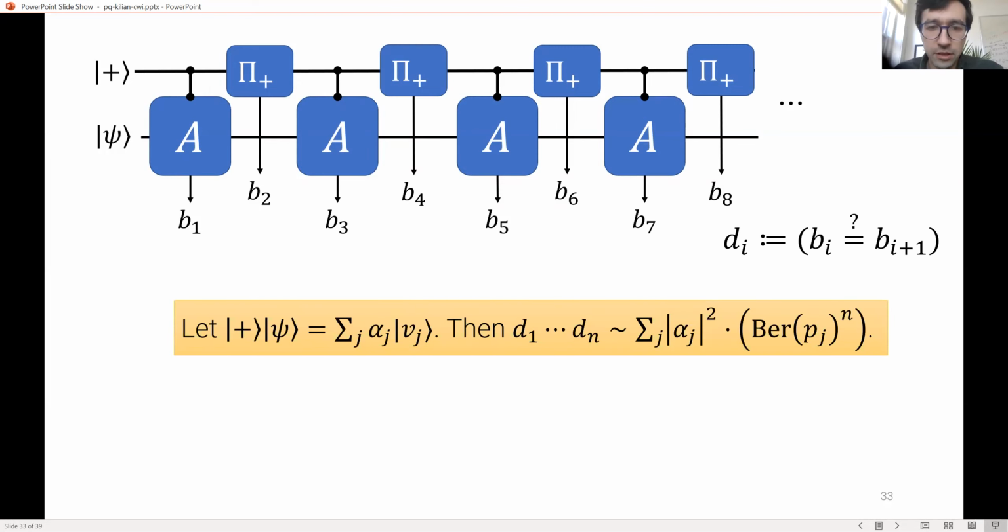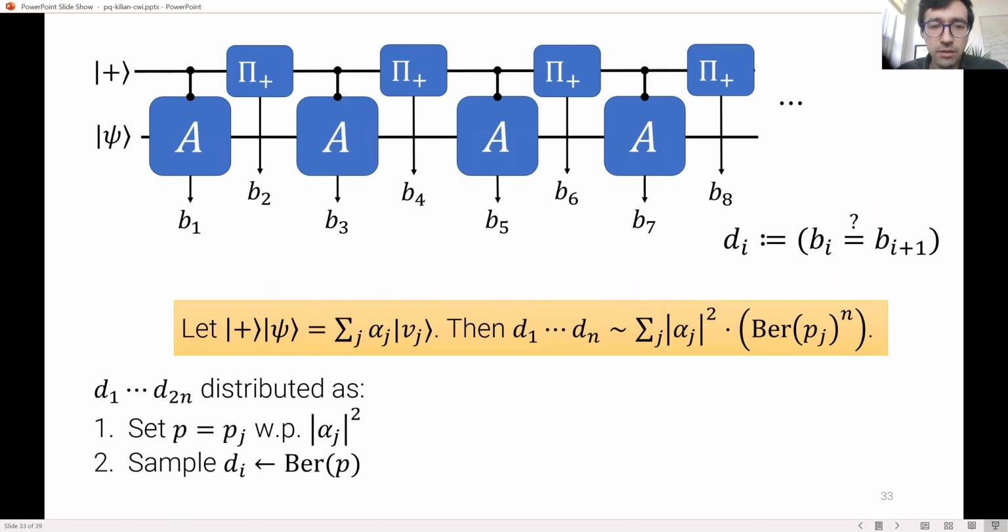And what the analysis actually tells you is that d1 up to dn, if you run this for n plus 1 steps and you compute d1 up to dn, is distributed as a weighted sum of the product of n independent Bernoullis with parameter pj.